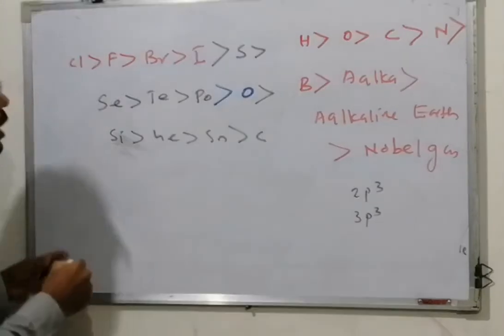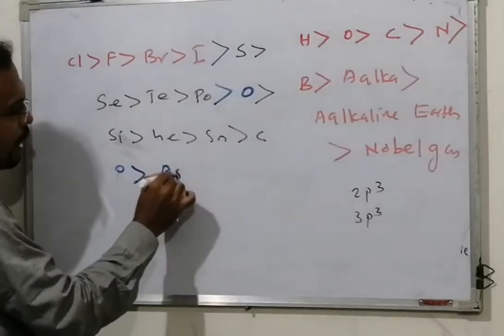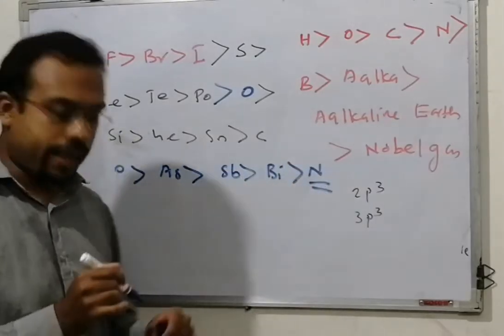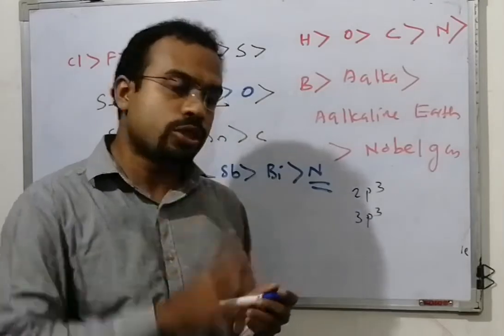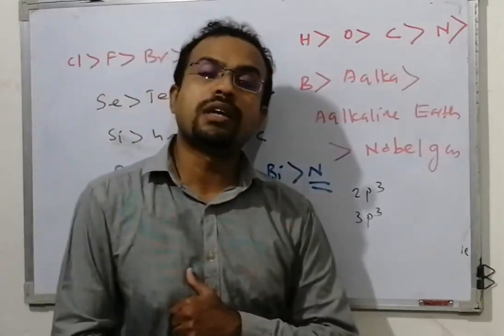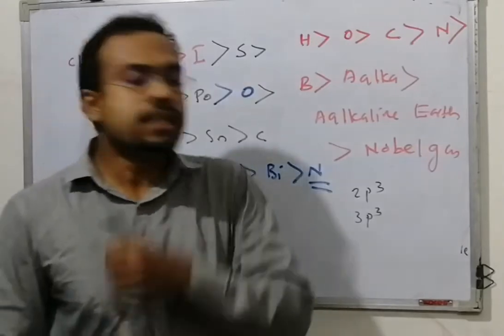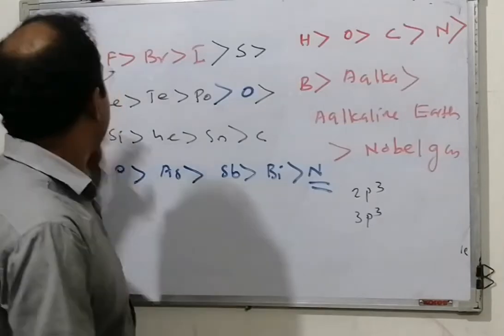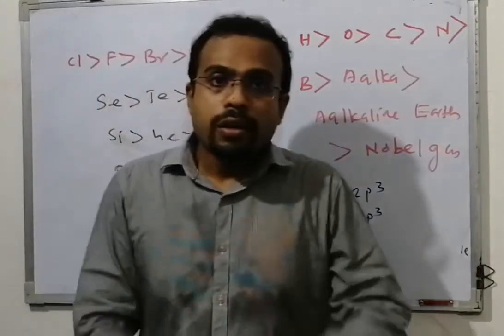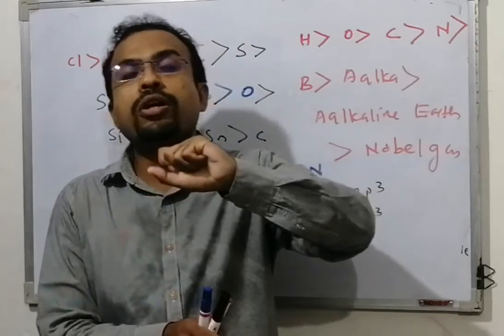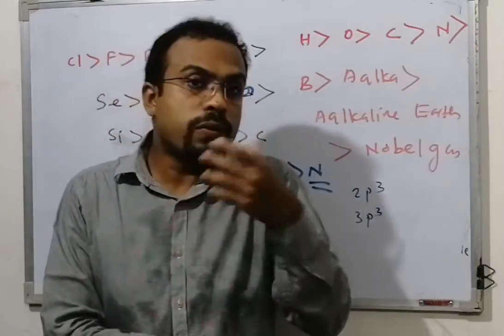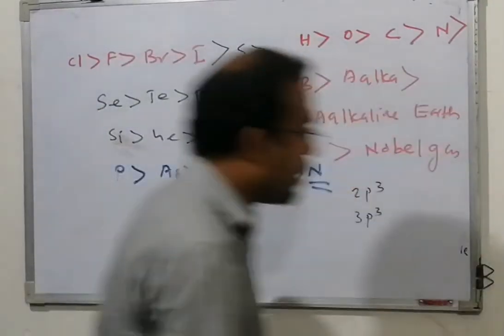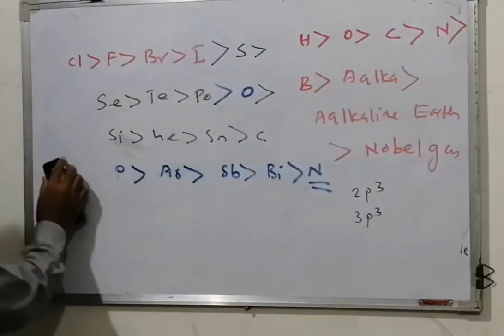The nitrogen family also like that: phosphorus, arsenic, antimony, bismuth, then only nitrogen. In the nitrogen group, the least electronegative is nitrogen. In the carbon group, least is carbon. In the oxygen group, least is oxygen. In the halogen group, most is chlorine, not fluorine. Why fluorine? Because of its smaller size. Why oxygen? Because of its smaller size.